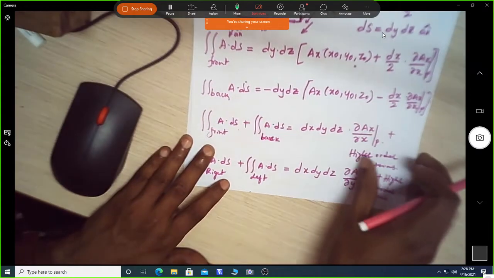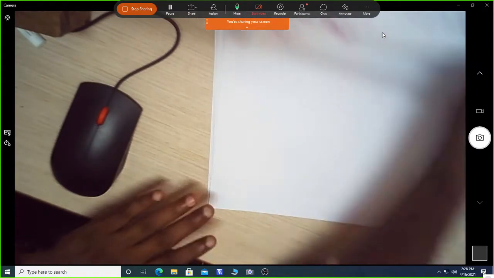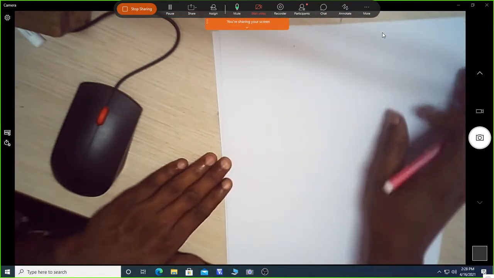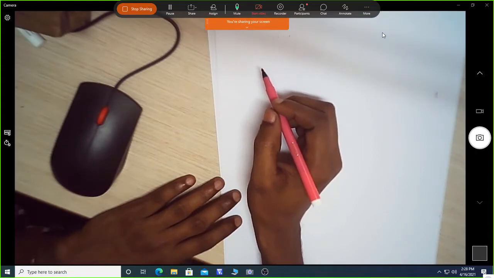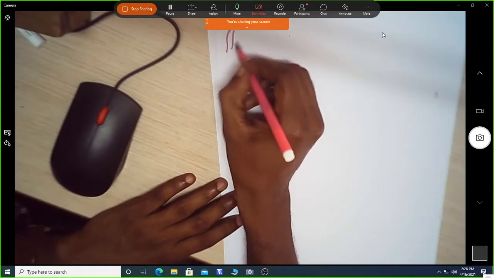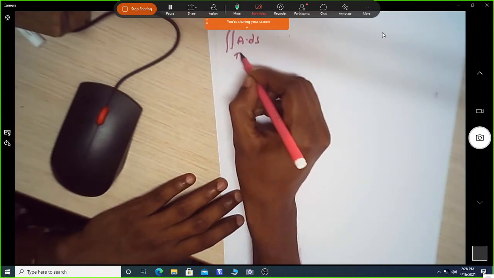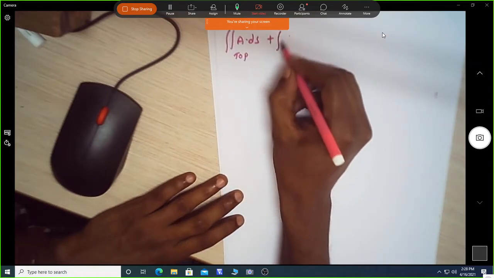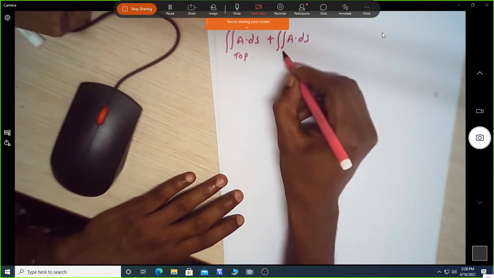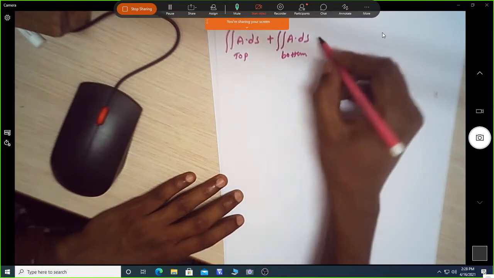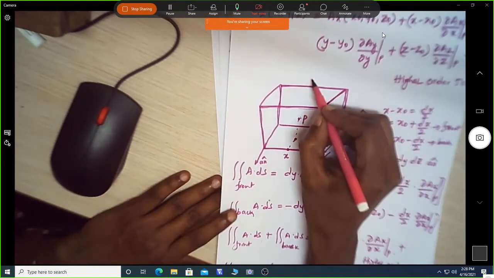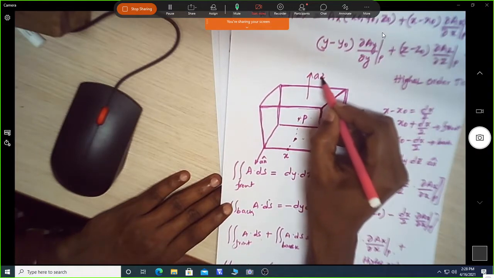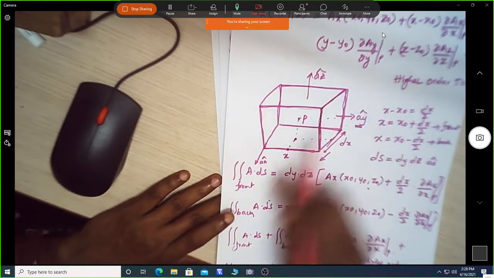And similarly for the top and bottom. If I write for top and bottom, the A dot ds for the top surface plus A dot ds for the bottom surface. What will we get? For the top and bottom surface, this is the Az direction, and the variations are x and y.